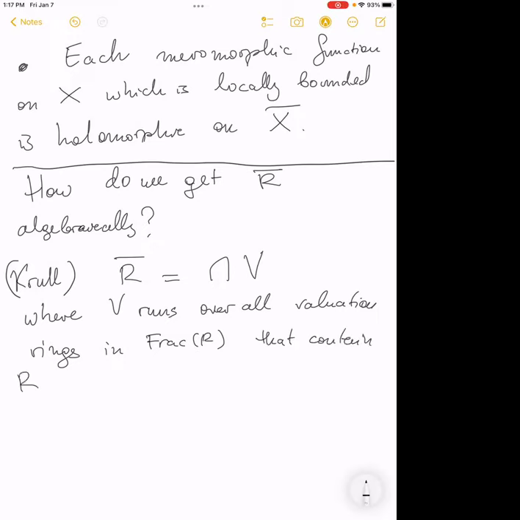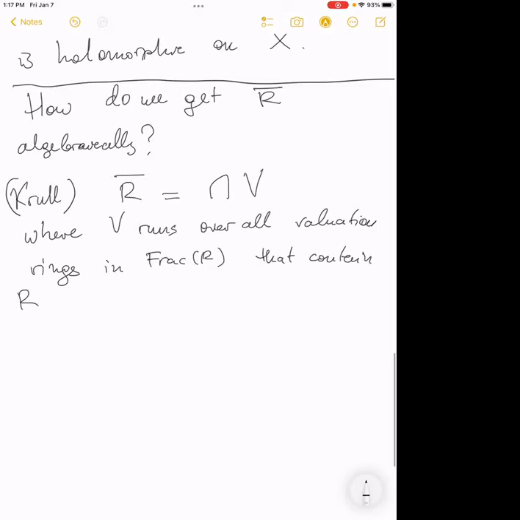So what is a valuation ring? Let me give you a brief definition. Besides fields, these are the nicest rings that you can have. The structure of these rings is fairly simple.